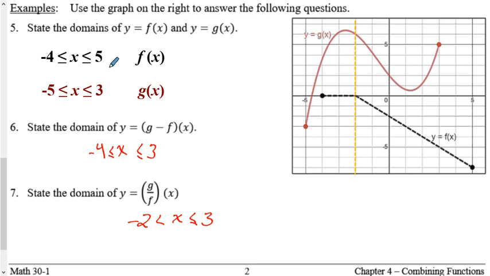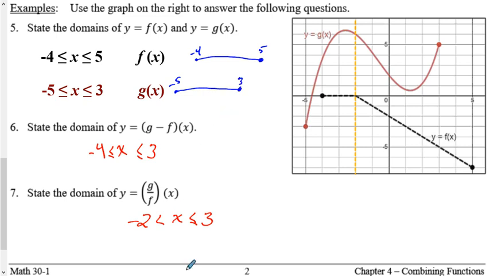So if I thought in terms of a number line, this first graph goes from -4 up to +5, although I didn't draw the whole number line. And then for this g of x function, it had a left end at -5 and a right end at +3.